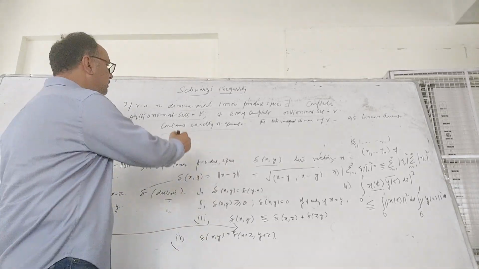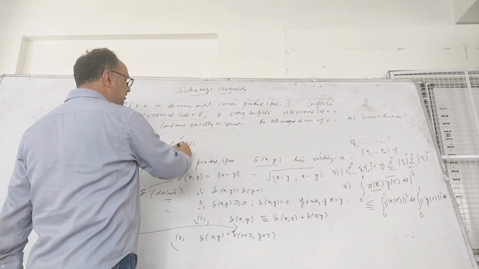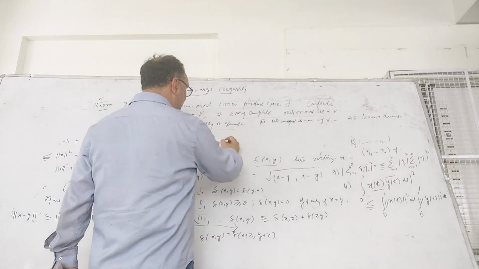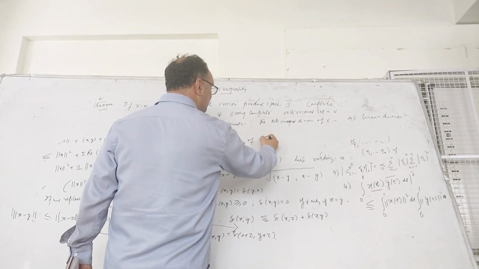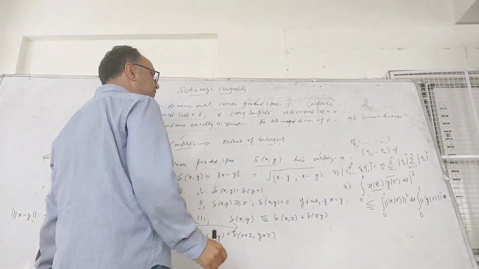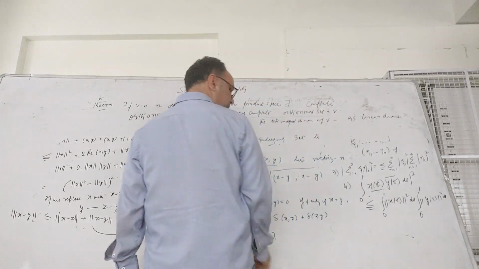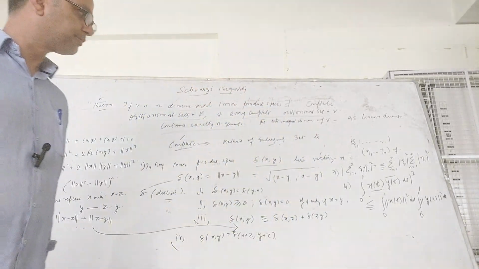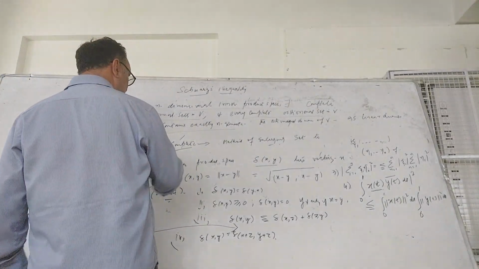So if it's not complete, we should have a method of enlarging the set, term by term, to make it orthonormal.